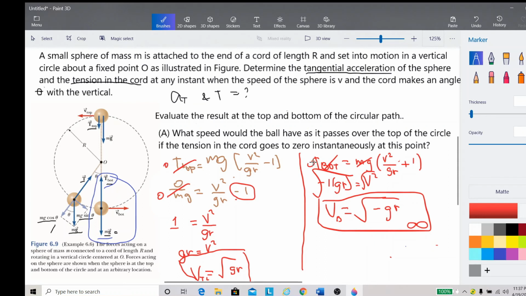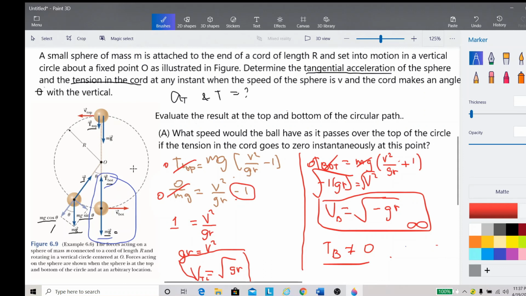It will never happen na yung tension at the bottom is zero. So the tension at the bottom can never be zero. Bakit? Otherwise, naputol yung sinulid mo yan or yung cord na yan.